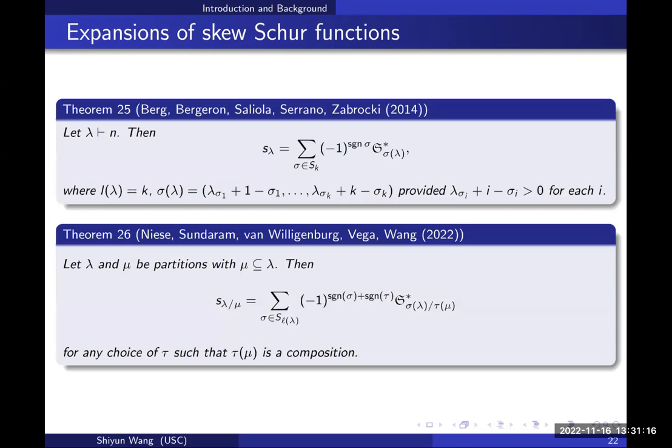This fact allows us to derive more properties for our function. For example, BBSSZ proved how the Schur function expands into the immaculate function, and with the Hopf algebra definition, we can use the coproduct to find the expansion of the skew Schur function into the skew immaculate function.